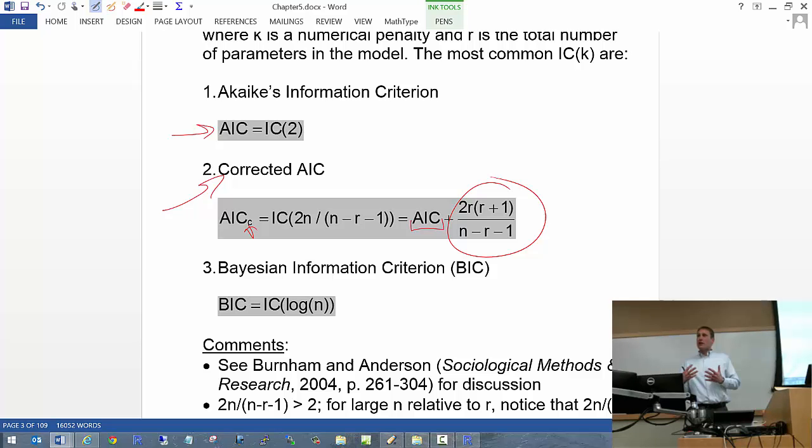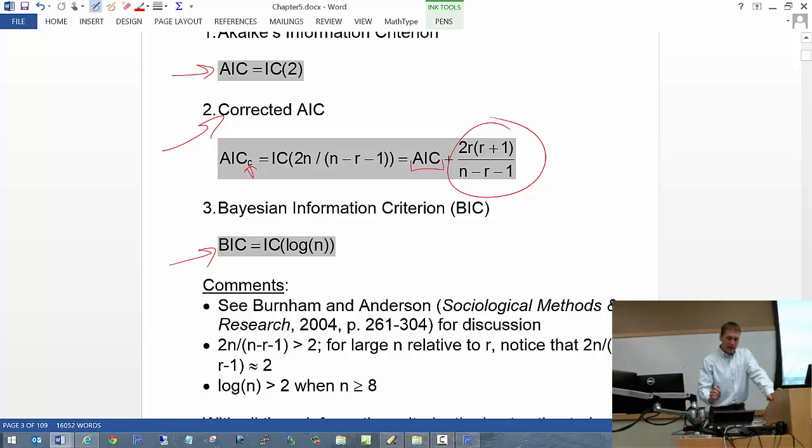So while we are not looking at normal linear regression models, we will still apply it here. It's just that some of the theoretical justification for it wasn't actually developed for our particular case. And lastly, there is the BIC, the Bayesian information criterion, which uses k equal log of n as the penalty.